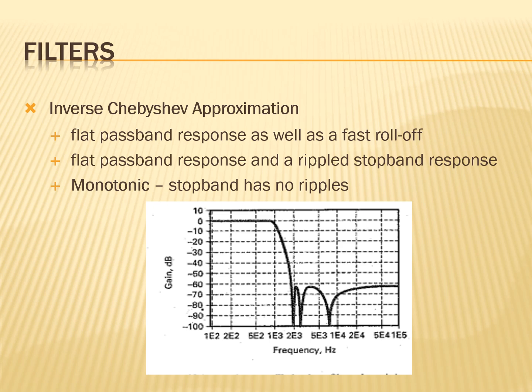We have a flat passband response; as we can see, we cannot see any ripple here. The roll-off is very, very fast: from 1 kilohertz, it rolled off right away to 2 kilohertz. But we can see ripples in the stop band. So it is characterized by a flat passband response and a rippled stop band response.